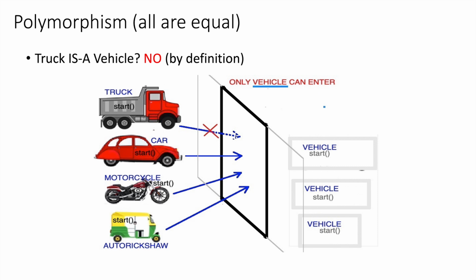Like our example of a social worker, whether you are a minister, a principal, a dean or an owner, a businessman, once you cross this door, you are a social worker, and your privileges of being minister or professor or anything are blocked inside this wall, and whatever functionality of a social worker is there is applicable. And that is basically the usage of an abstract class or base class and polymorphic behavior.